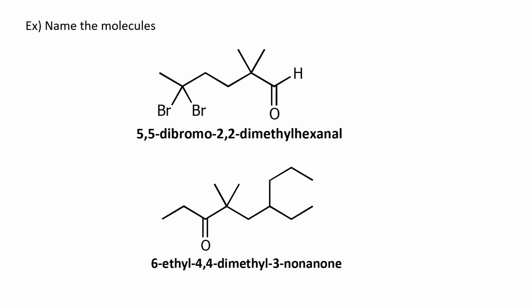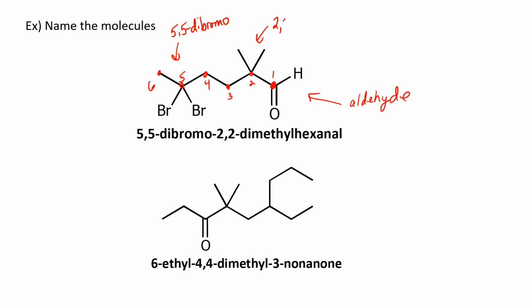We notice that our first molecule has an aldehyde. And we know that that takes priority over all of the other substituents here. So we have to give this the number 1 position. 2, 3, 4, 5, and 6. So we've got a 5,5-dibromo.